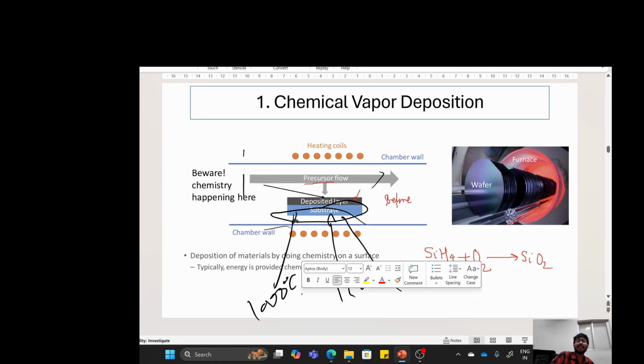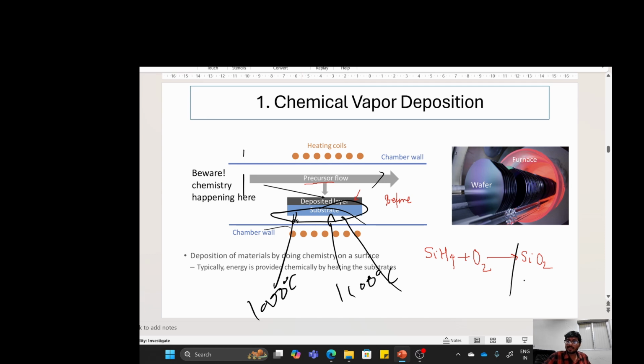That would affect the deposition, so uniformity will be compromised. So most chemical vapor deposition chambers are heated completely, the chamber itself is heated, to make the temperature uniform. Then you will get a uniform deposition over the substrate.